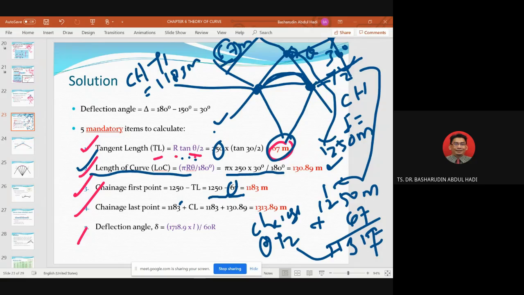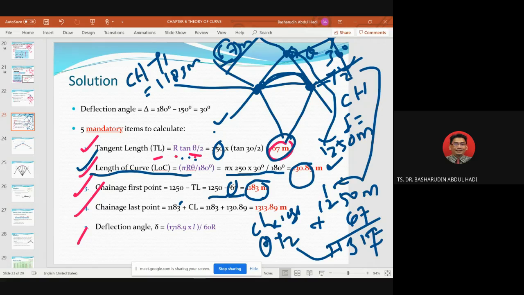Now we go to the chainage of the last point. You can also get it from 1183 meter. You plus with the curve length.